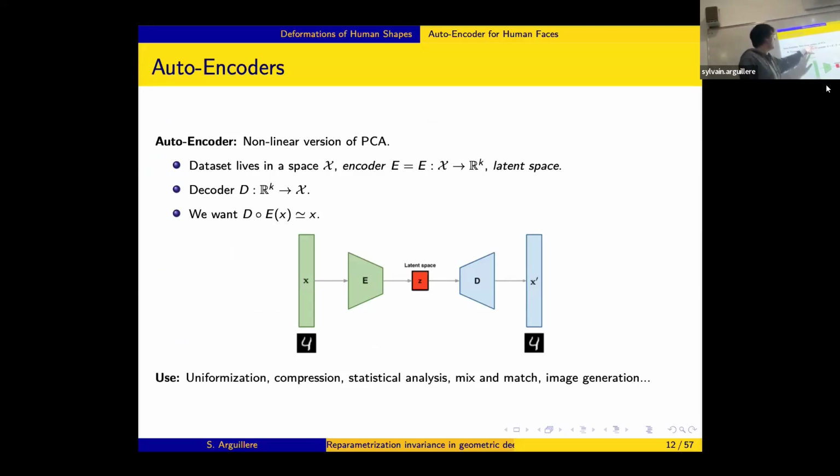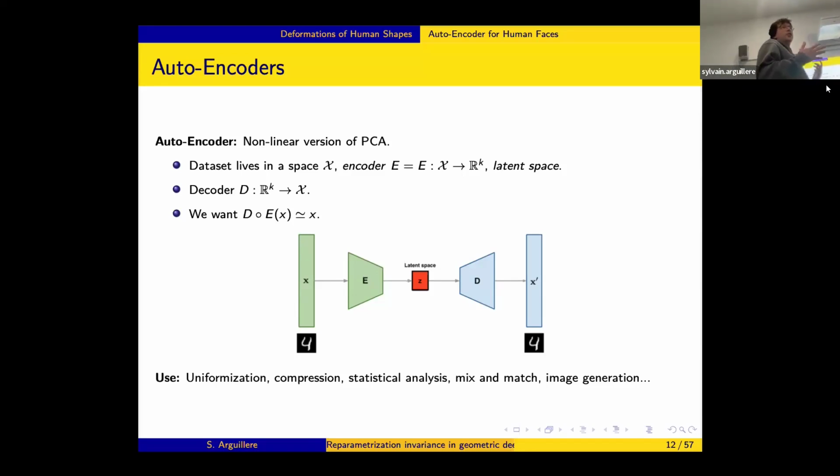Basically, you assume that you have a data set. Your data set lives in some space, X. And then you have an encoder that takes you from this data to a vector space with fixed dimension, which is the latent space. And afterwards, you also have a decoder that takes you from the latent space back to the initial data space.